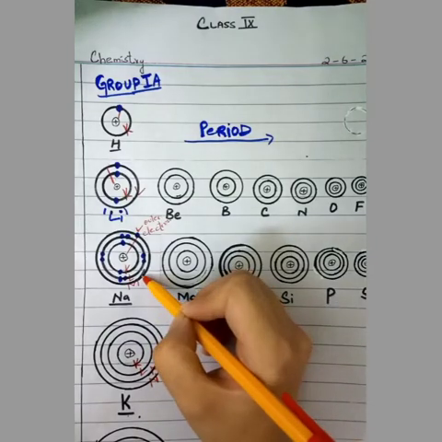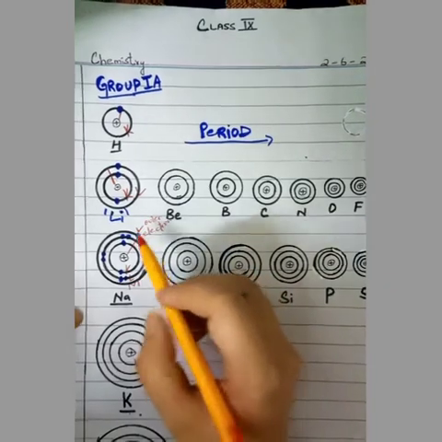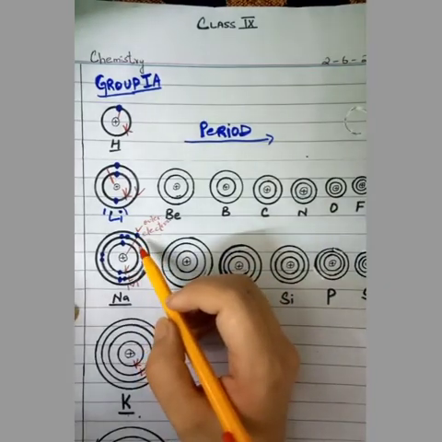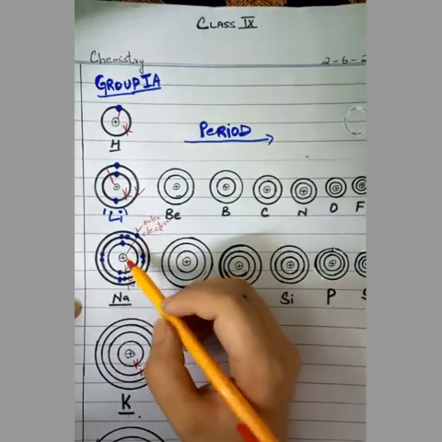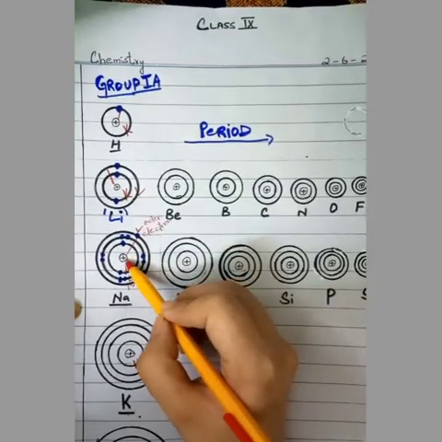Ionization energy is the minimum amount of energy required to remove the valence electron from the outermost shell.